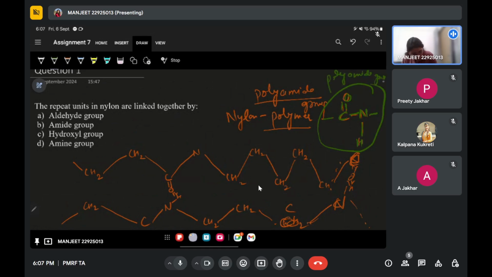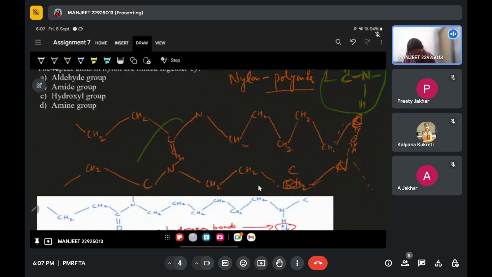You can see this group exists in your nylon structure, so this is also the polyamide group.